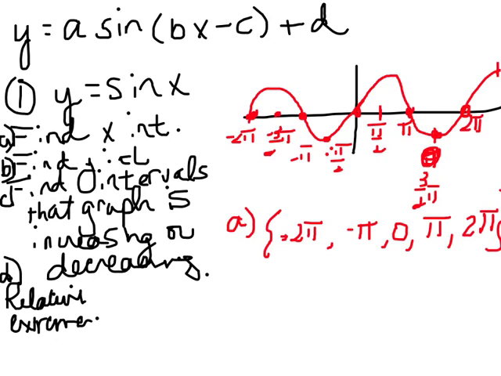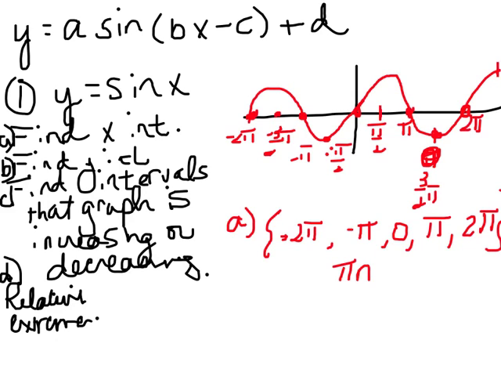If I want to write all the answers, not just list what I see in this picture, do you notice that they are multiples of pi? So I could write that as pi n, and we're going to assume that when we do this in trig, n is always an integer. N could be -1, 0, 1. It could be any negative number, 0, or any positive integer. It just needs to be a whole number, okay?